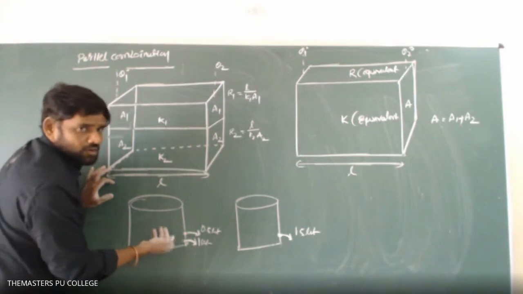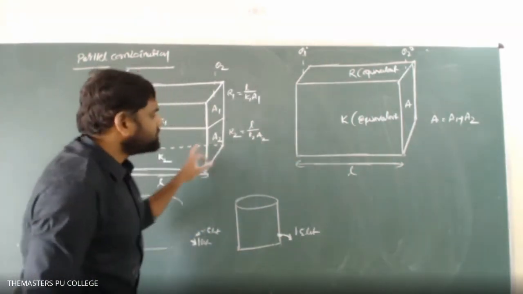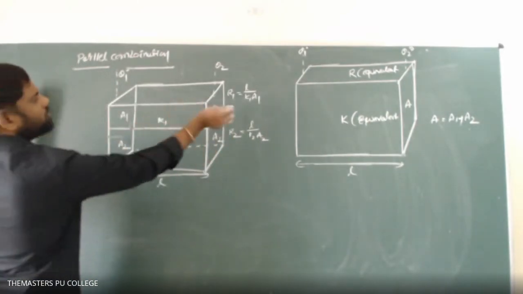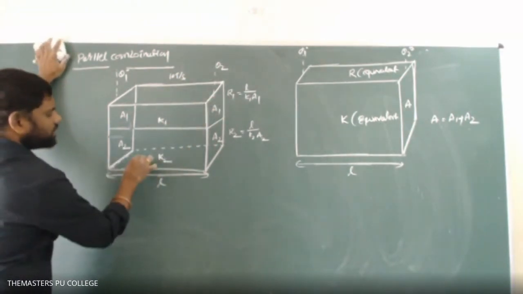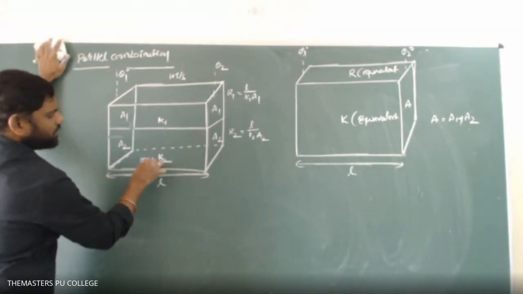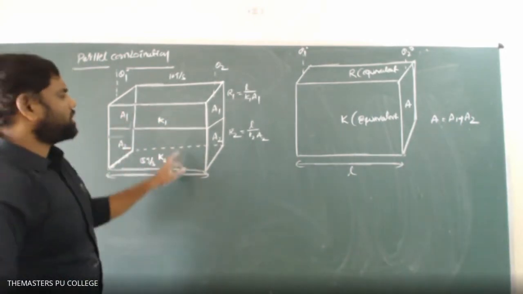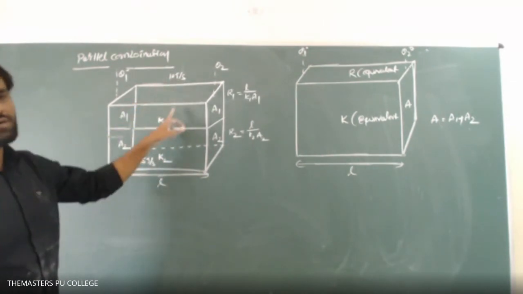Understand? Got it? Similarly, this is an equivalent of these two. For example, through the first rod 10 joules per second of heat is flowing. For the second rod, 15 joules of heat is flowing per second from one end to the other end. So these two rods together allow how much heat per second? 10 plus 15, 25.